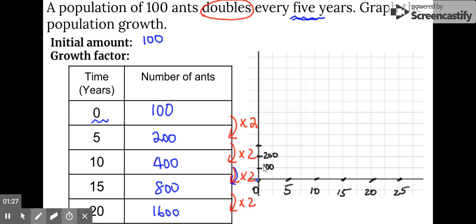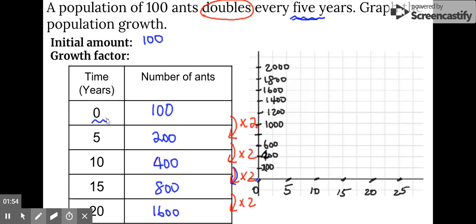I'm going to go up by 200 because we have a 1,600 here. So I'm going to go up by 200, 400, 600, 800, and this is going to be 1,000, and this is going to be 1,200, 1,400, 1,600, and 1,800.